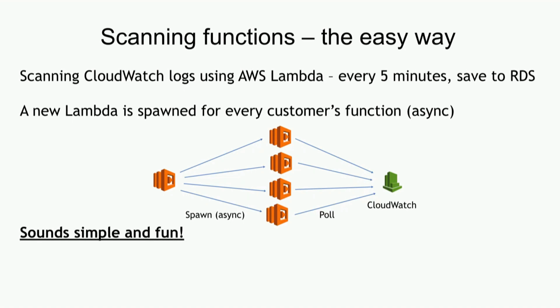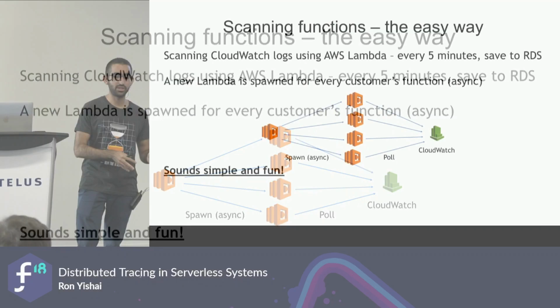So it's very useful. At the beginning, we said, okay, how can we do that? We can just wake up every 5 minutes, go to all of the new logs of the Lambda functions that we scan, parse the information and save it to the database.